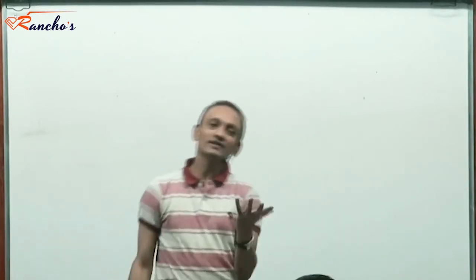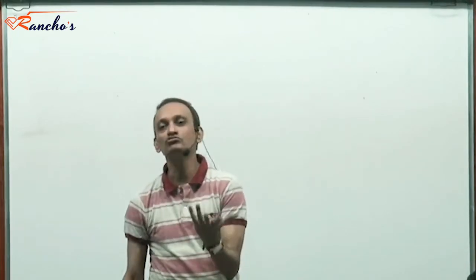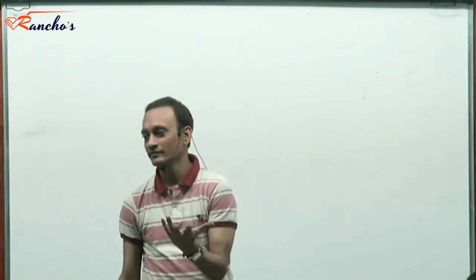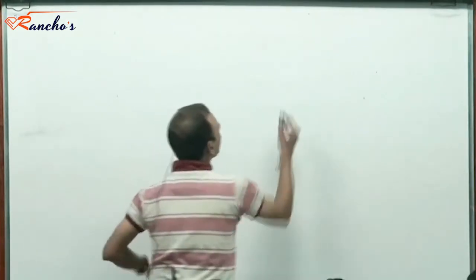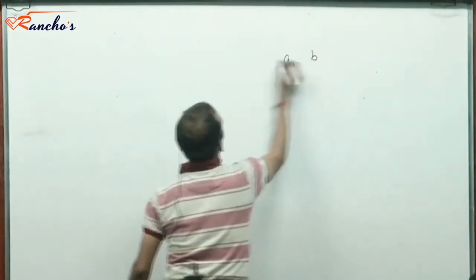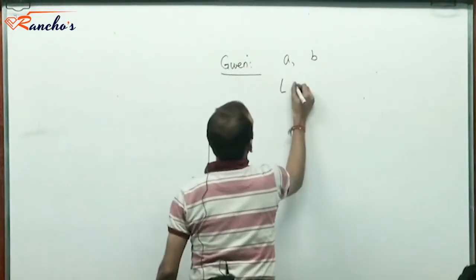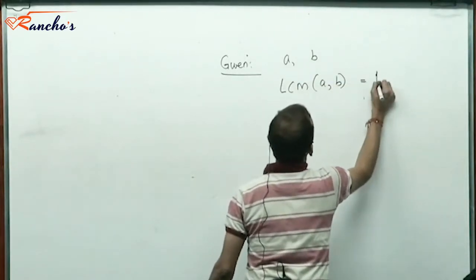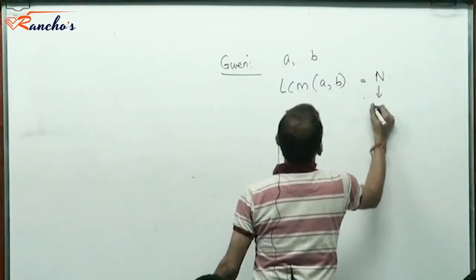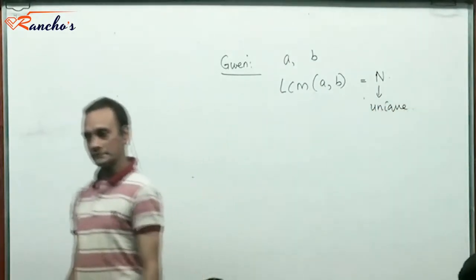Now, given two natural numbers, a and b, how many LCMs do they have? Why are you hesitant in saying that? If I give you two numbers a and b, then the LCM of a and b is unique.